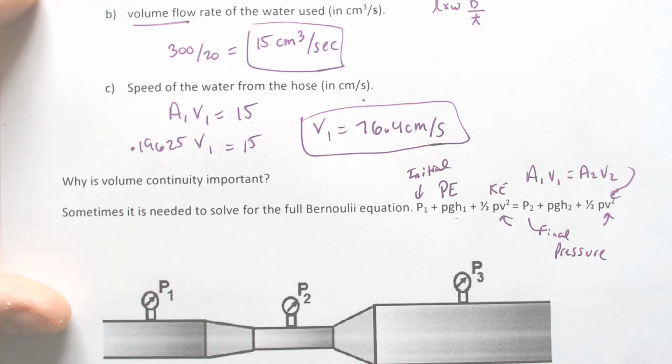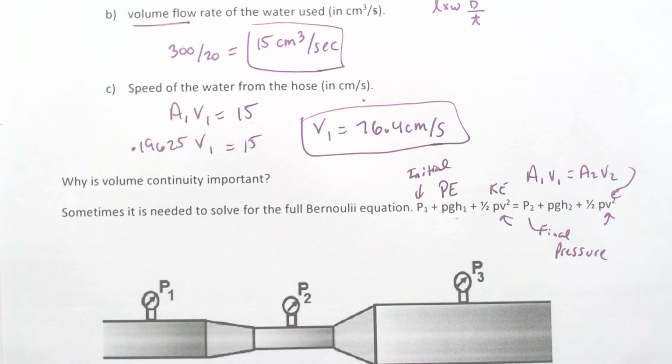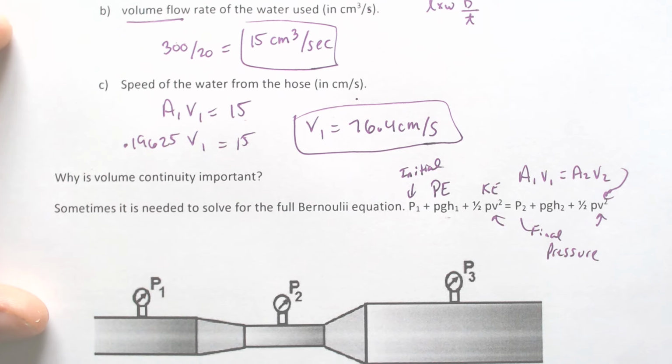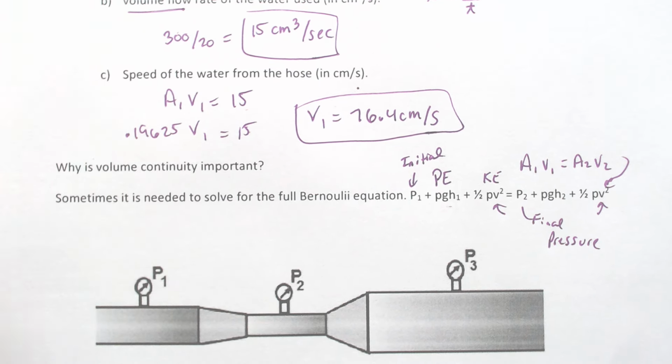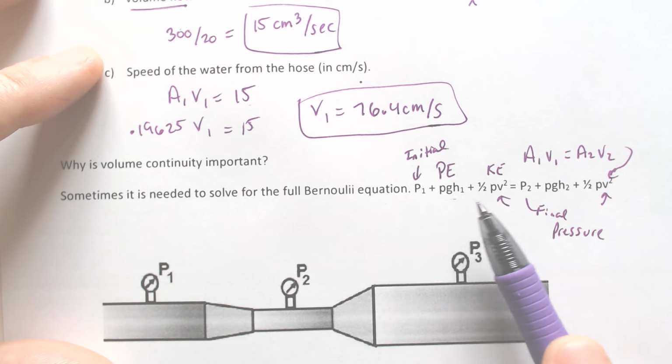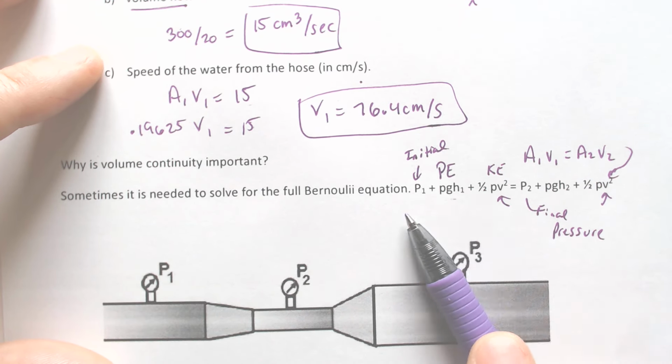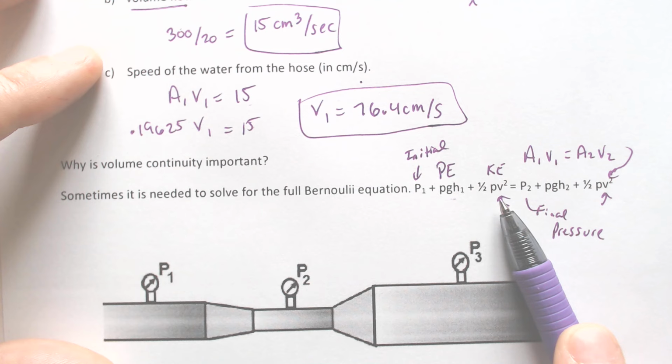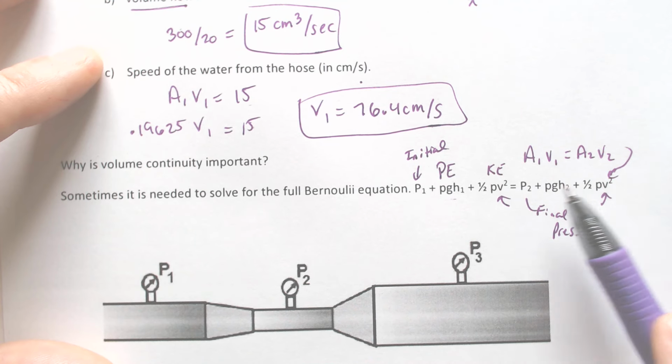If you increase the height, you're probably going to lose either pressure or velocity. It all counteracts each other in a variety of different ways. If you just know that the equation has to be balanced, if you increase one thing, you've got to decrease one of the other two. If you increase two things, you definitely have to decrease the third. And it would have to equal the other side.